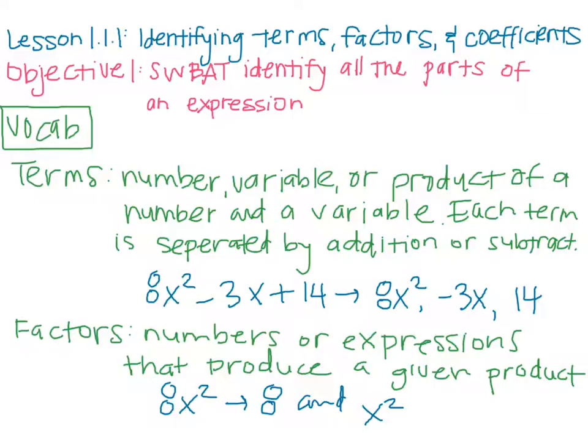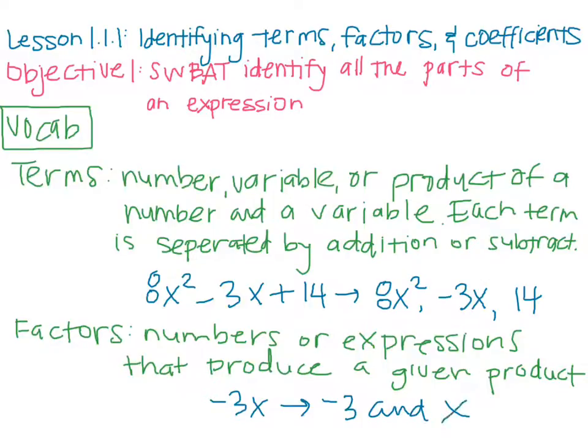Another thing that we had, up above we had negative 3x as one of our terms. Well, if we separate negative 3x into its 2 separate numbers or variables, it gives us negative 3 and x. So negative 3 and x are the factors of negative 3x.